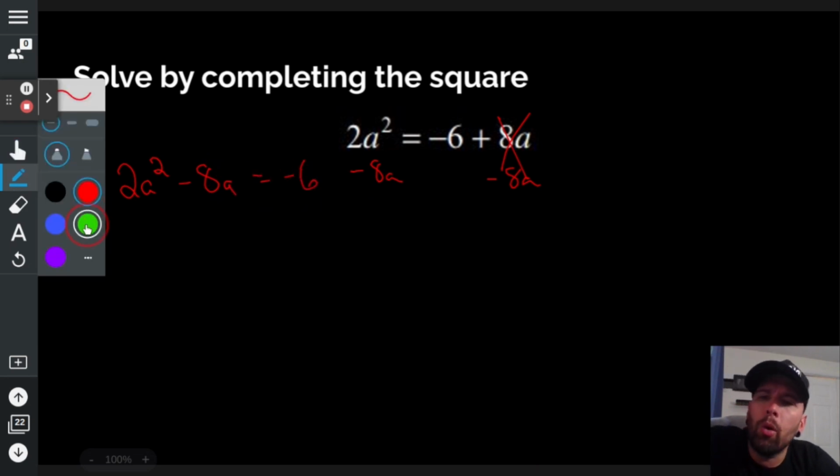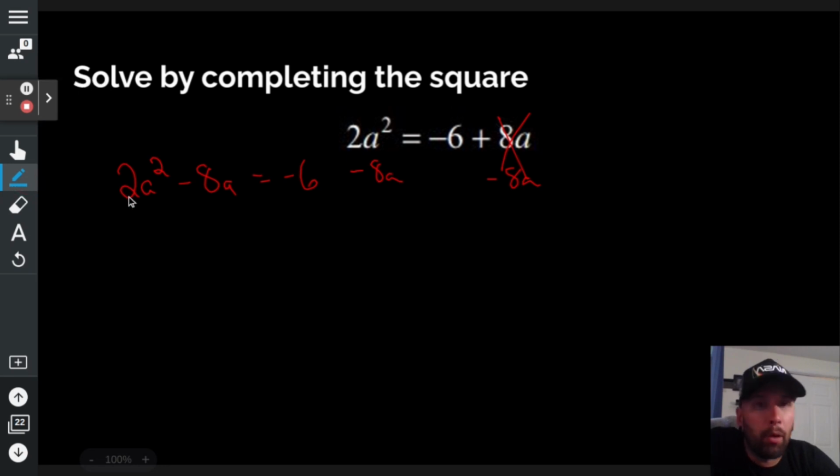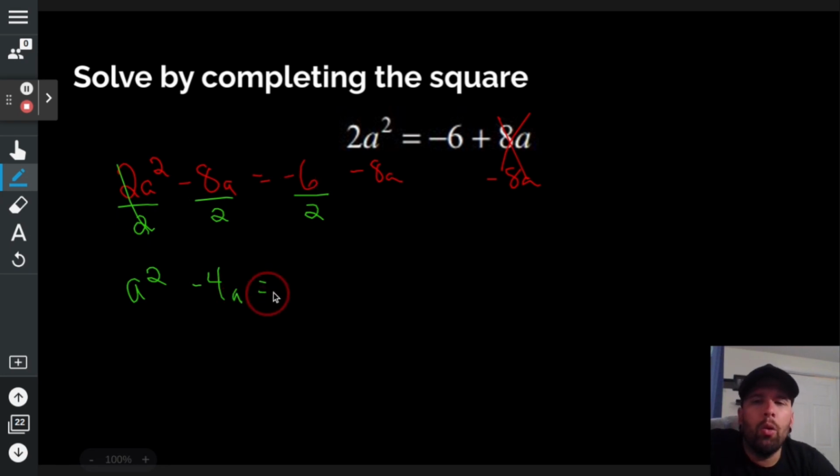Step number 2 is we have to get rid of the number in front of a squared. So we divide everything by that number, divide everything by 2. You go away and become a squared. Negative 8 over 2 is negative 4a. That's going to equal negative 6 over 2, which is negative 3.